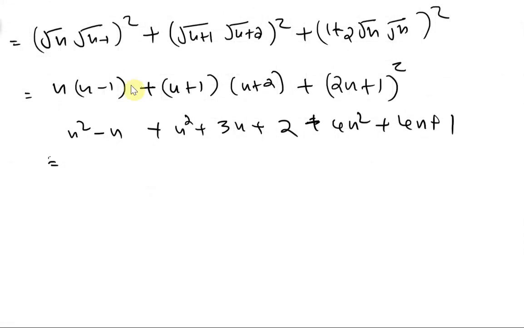So how many n² are there? 1, 2, 6n². 6n² plus 3n, 4n, 7n minus n is 6n, plus 2 and 1, 3.